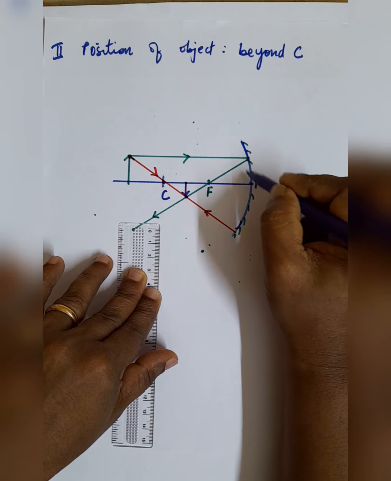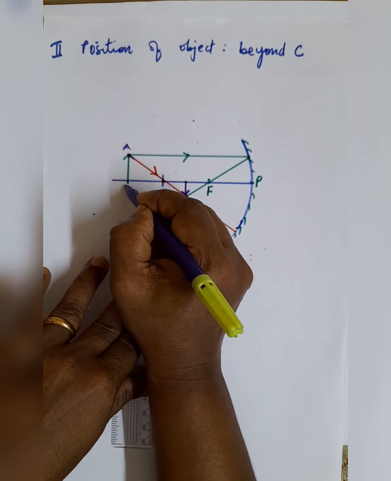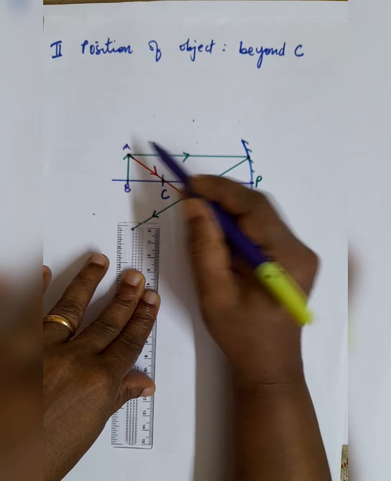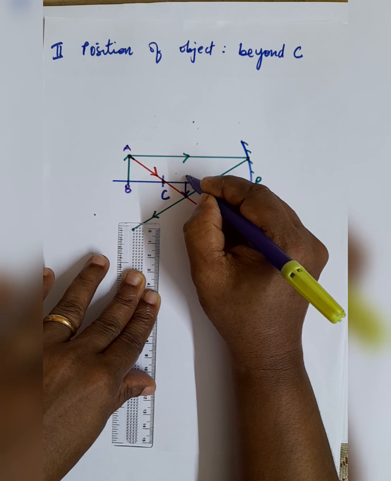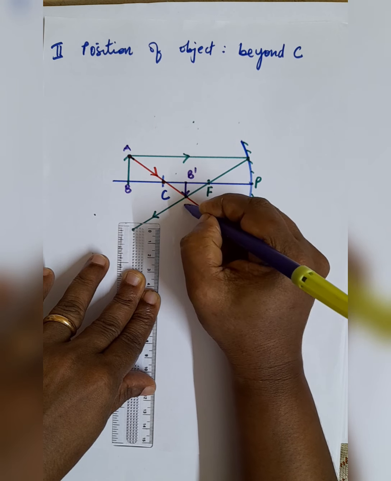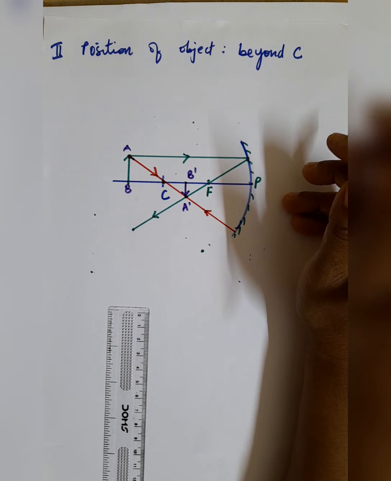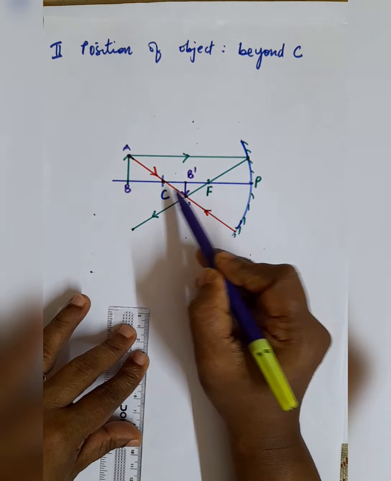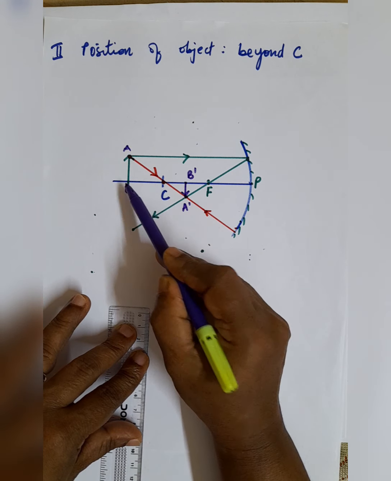It is formed in front of the mirror. We show the denotation of the object as A, B, the head side as A and the down part is B. So inverted will be upside down. We showed it as B dash, A dash. So the position of the image formed is between C and F when the object is placed beyond C.